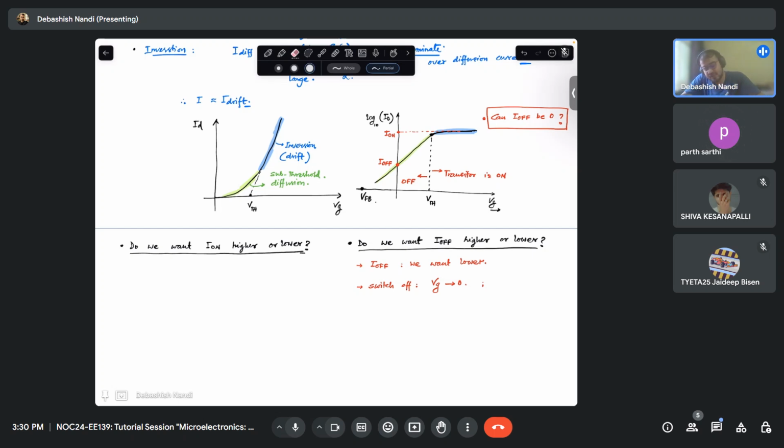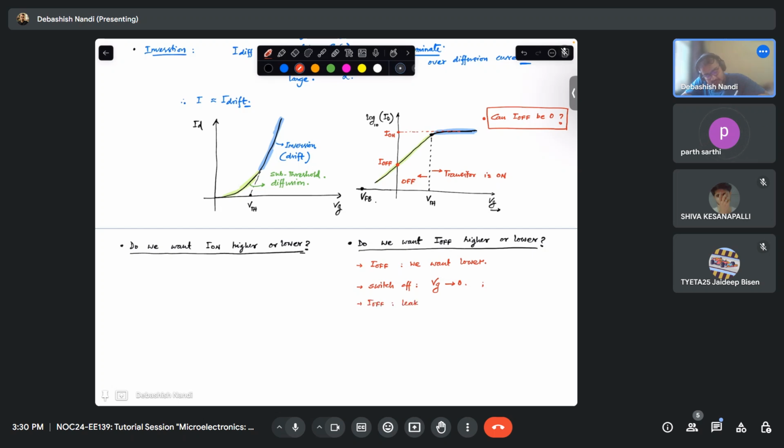That is due to this off current. Even when you switch off your transistors, there is a certain amount of current flowing, a certain amount of current leaking. So this off current we call leakage current.